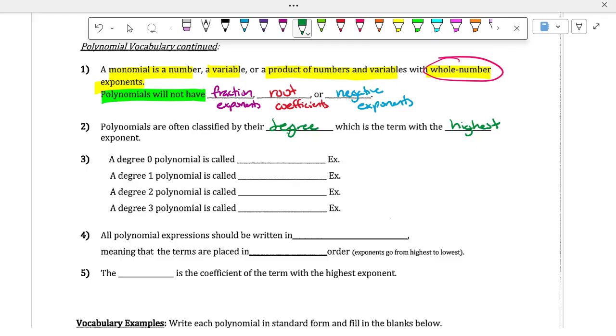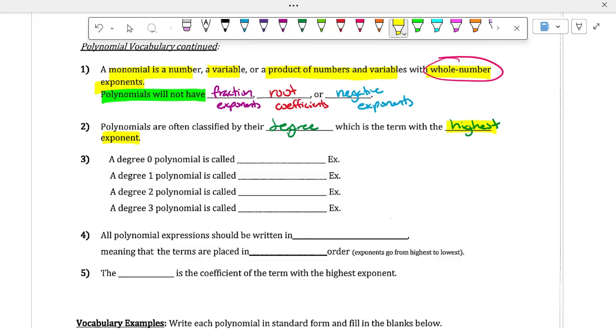So the degree specifically is actually just the highest exponent. If the highest exponent is 2, the degree of the polynomial is 2. The highest exponent is 4, the degree of the polynomial is 4. It's 3, 3, 1, 1, 0, 0.